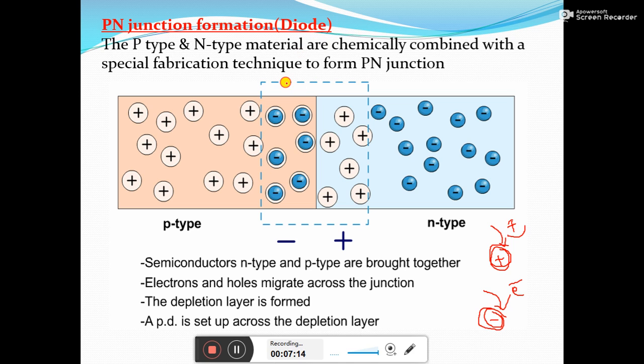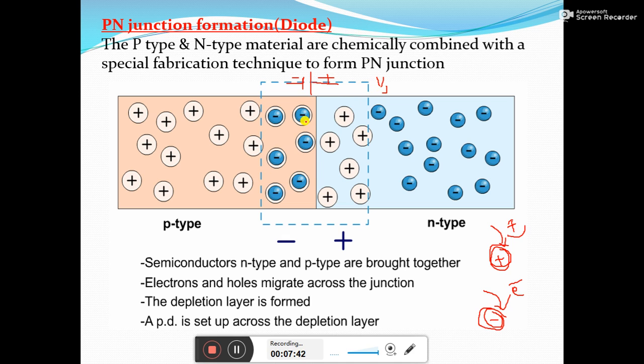If you represent this with a potential source, this can act like the negative potential of the battery, and this can act like the positive potential of the battery. So this potential which is developed exactly at the junction is known as barrier potential or cut-in potential, represented with the letter Vj.